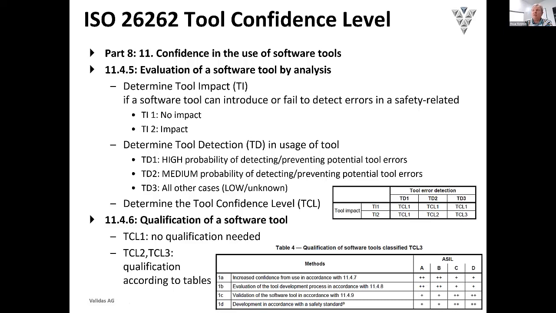Yes, it has an impact, because if the code coverage is not measured correctly, then you might end testing even if you haven't considered all cases. So this is the impact. There's also an impact because if you argue in your safety plan that you will have code coverage reports, then of course those reports have to be correct. They are part of the safety case. So this is how to determine the impact, and CTC has an impact.